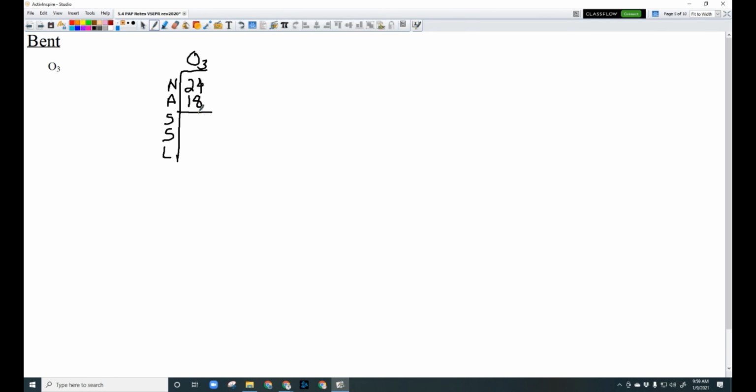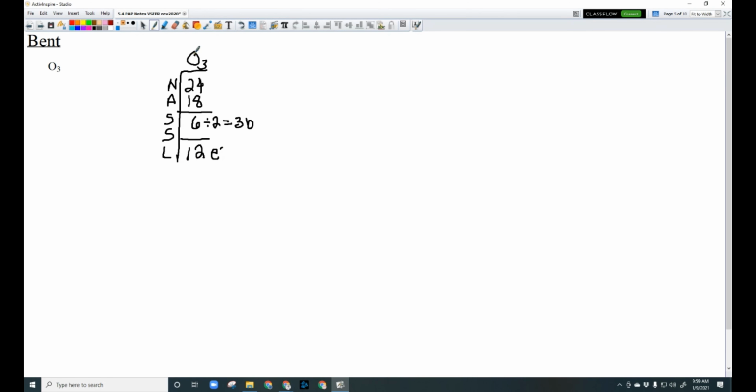So we're going to subtract here. That's going to give us 6. Okay, so we divide that by 2 to get the number of bonds. So we're going to have 3 bonds in this. Okay, subtract again. 18 minus 6 is going to be 12. So we have 12 lone electrons.